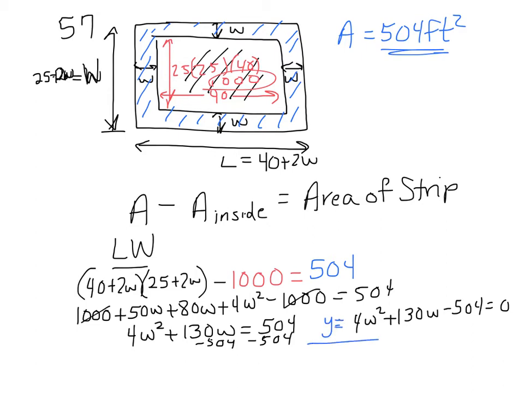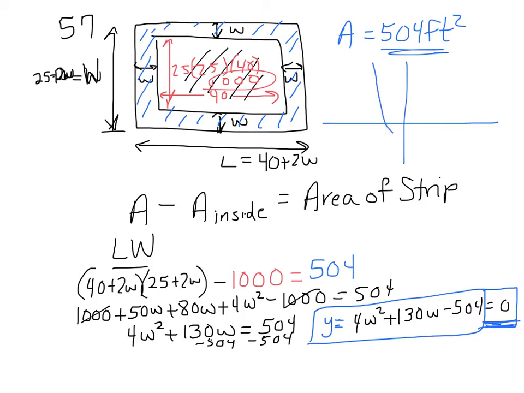So type in y equals this function into your graphing calculator, and what you're trying to do is solve for when y is 0. If you graph that, you're going to get some crossing points, and one of them is going to make sense for the width. This parabola will be the function, and the crossing points are when that equals 0. So you can solve it either way, but you need to show a graph, and that's how you would use a graph to solve it.